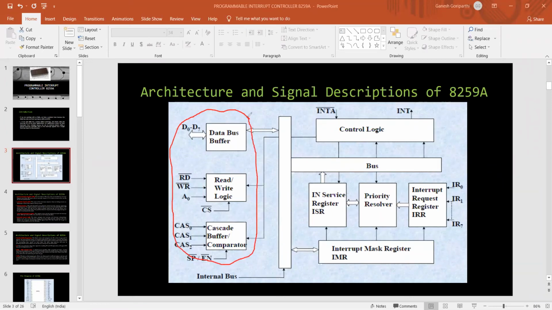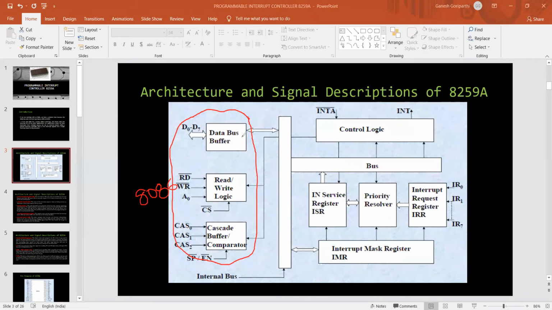Suppose let it be 8255, let it be 8259, let it be 8279, whatever the interfacing device that we are studying, this particular side of the architecture will always be connected to or communicated with 8086. That you have to keep in mind.